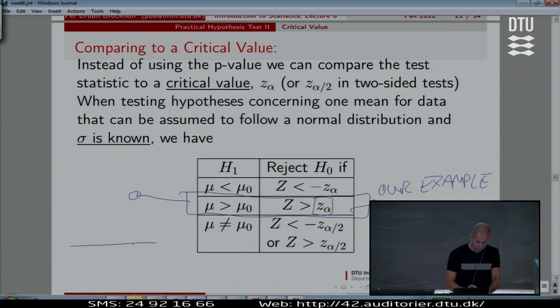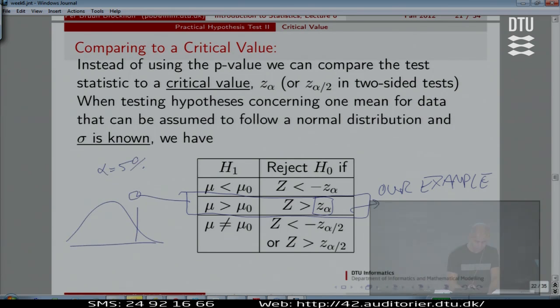It means that if alpha is 5%, then we find the value that has 5% to the right of it. That is the threshold between what is acceptable and what is rejectable. That is what we call the critical value, exactly where we would stop accepting and where the deviance would be rejectable, critical. That's the wording of it.